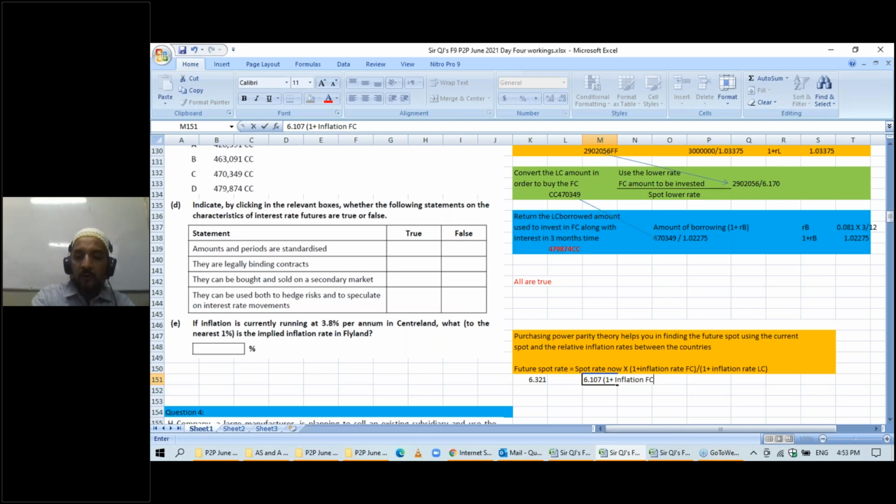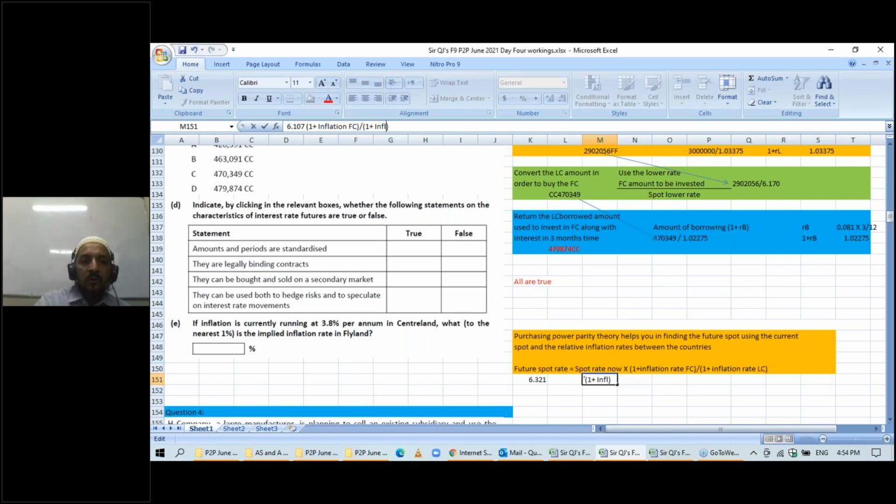So inflation of foreign currency is required, divided by 1 plus inflation in local currency. So now, putting in the figures, I can put the figure in the denominator as well.